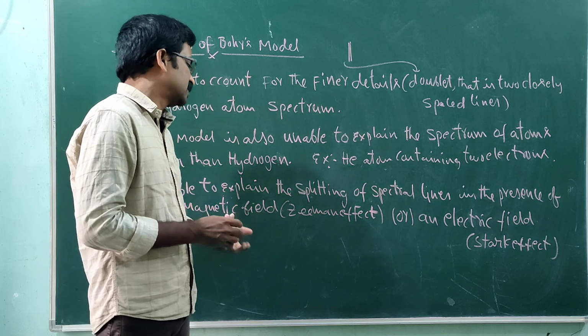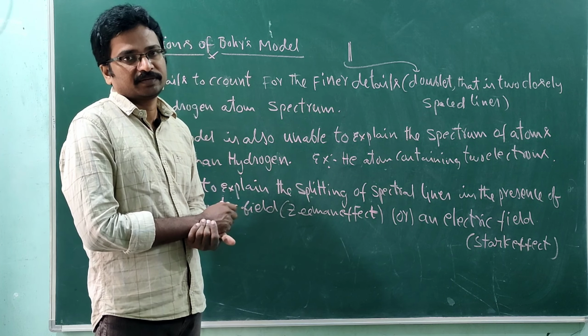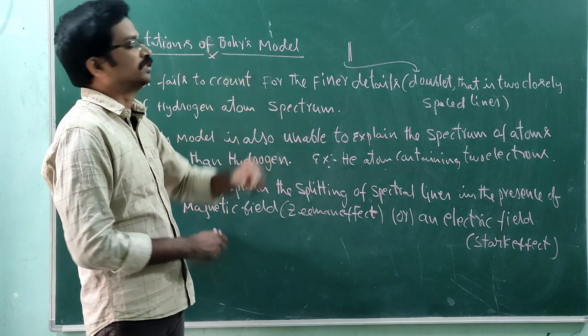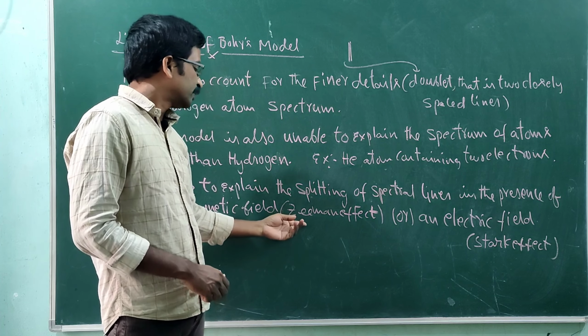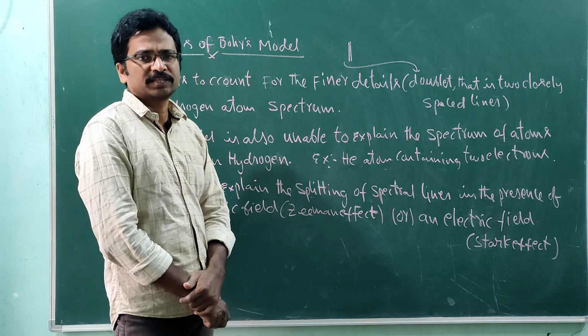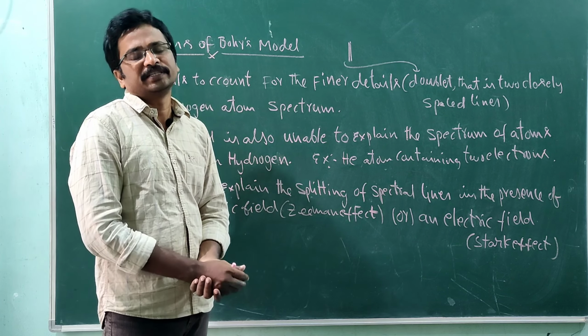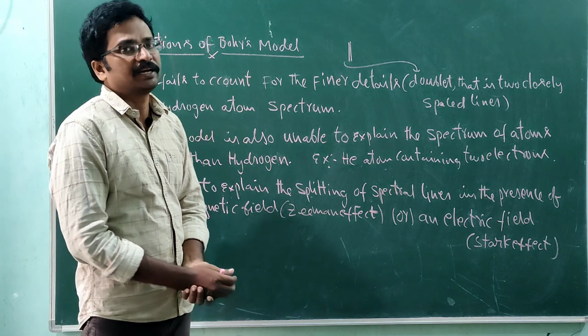That is known as the Zeeman effect. This Zeeman effect is not explained by the Bohr theory. It cannot explain why the spectral lines split in the presence of a magnetic field.